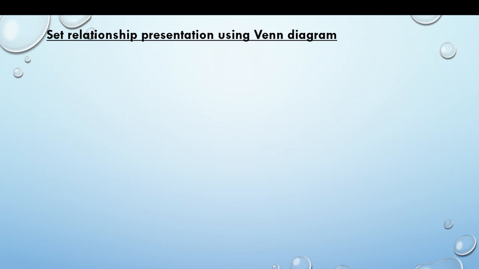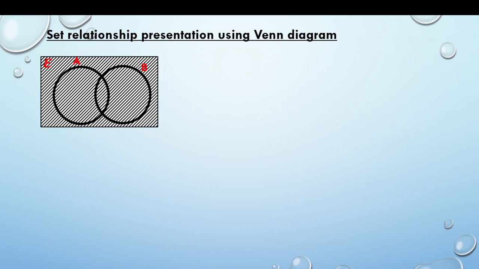Let us look now at the set relationship presentation using Venn diagram. For example, let us look at this diagram here, which contains the universal set, also containing set A and set B. Now you can see that the universal set is shaded, including all of set A and set B. What does this mean?